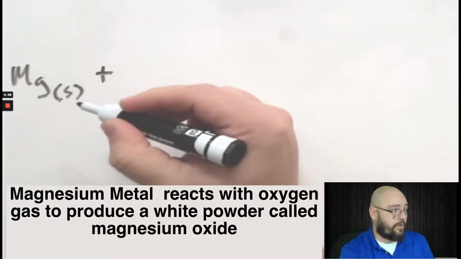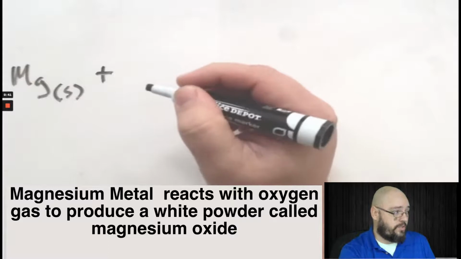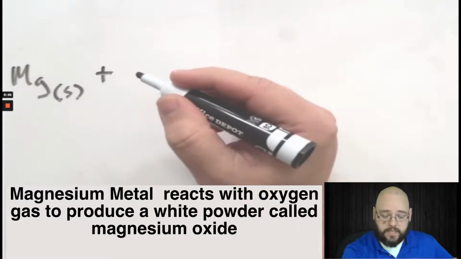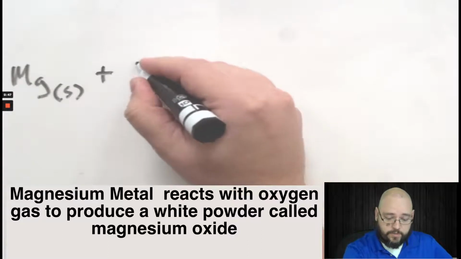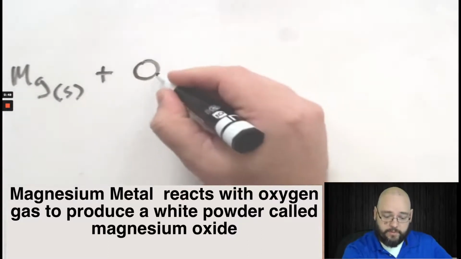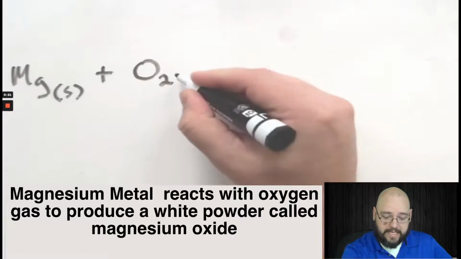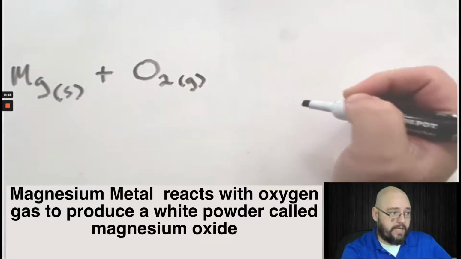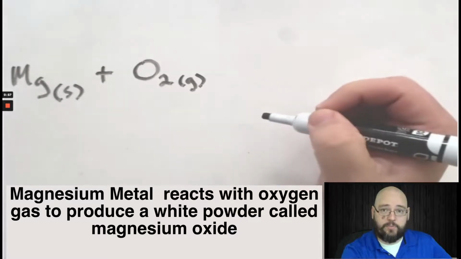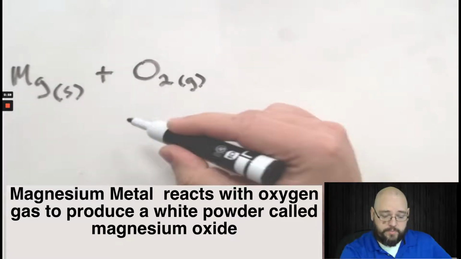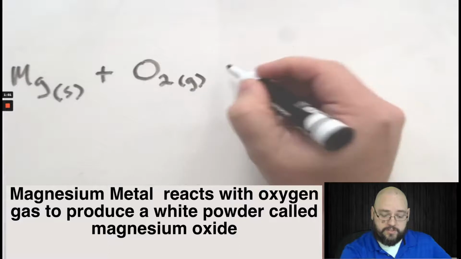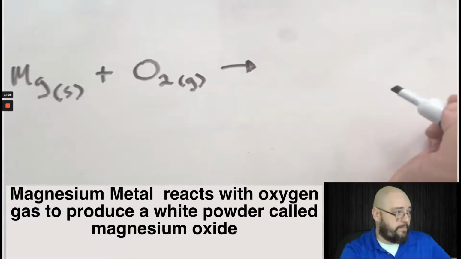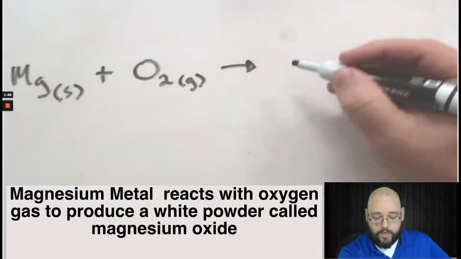Magnesium metal reacts with oxygen to produce a white powder called magnesium oxide. So oxygen is one of our 7 Brinkelhoff elements, so it has to have the 2, and it says oxygen gas, so I'm going to include my state of matter in parentheses. So magnesium metal reacts with oxygen gas to produce, there's my arrow, magnesium oxide, a white powder.